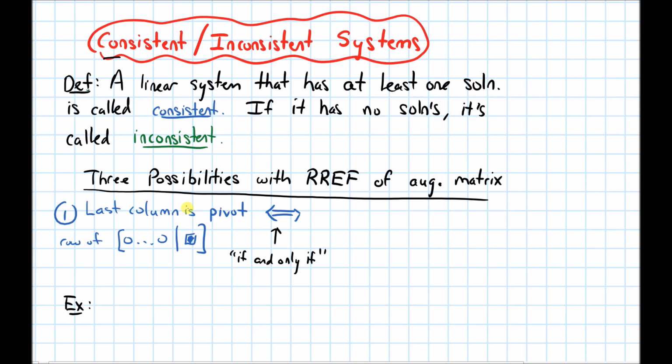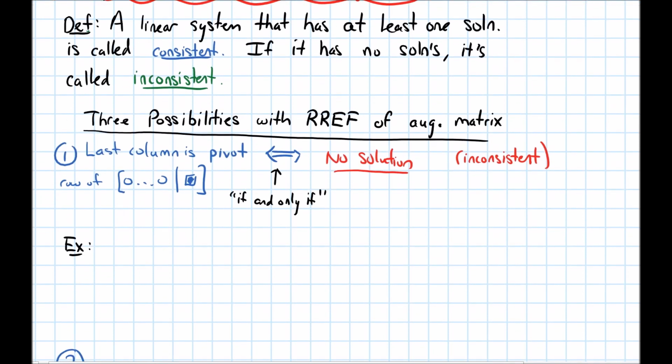So the last column is a pivot if and only if there is no solution. So no solution, and that is when it's inconsistent. No solution means our system is inconsistent. So let's look at an example to see why that's the case.